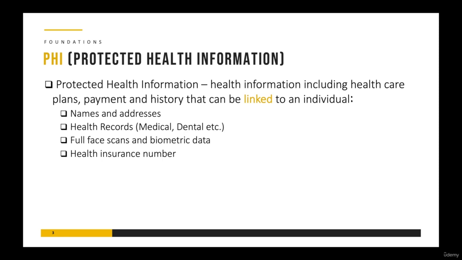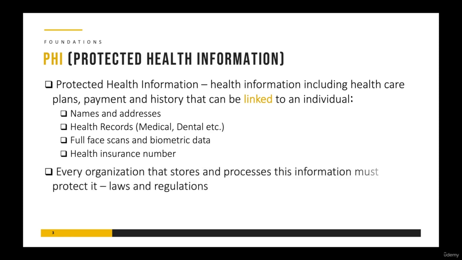The primary difference between PII and PHI is that PHI caters specifically to health-related information. Similar to PII, every organization that collects, stores, and processes this kind of information must protect it. There are laws and regulations in place which we are going to discuss shortly, and there are penalties applied if organizations do not comply with these regulations.